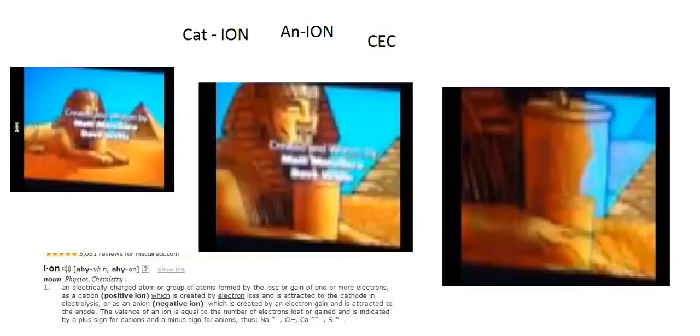The reason they're showing this in this cartoon at the end is that you've got the Sphinx, which is the cat, and he's drinking. So the cat is the cation. You notice how this thing looks like a battery? It's because it's a cation exchange. That's what's going on between here and Saturn.